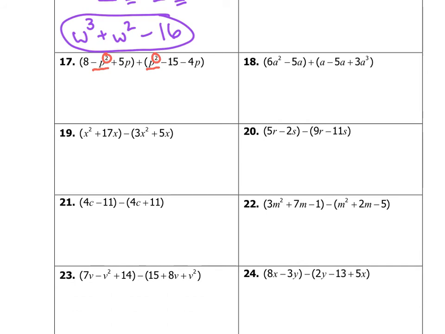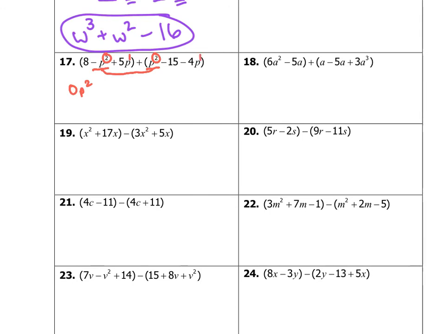Actually, that's kind of funny, isn't it? Because negative p squared plus p squared is going to cancel out. That combined is going to give me 0p squared. Now, I think it's important to write this to say, hey, we did combine those, but we're going to simplify this later on. Now, we still need to find the next highest exponent, which in this case, after 2, is going to be 1.